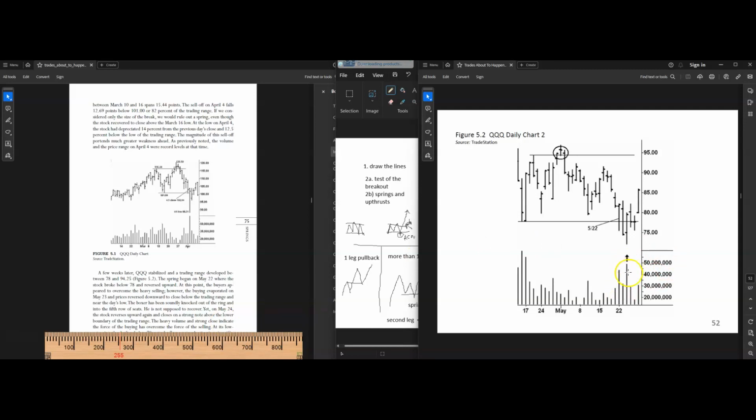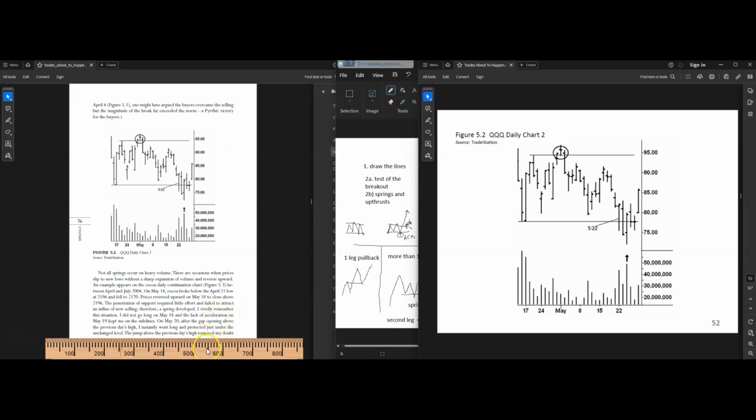Here, the force of the buying overcame the force of the selling right here. Here's a nice upthrust right here.